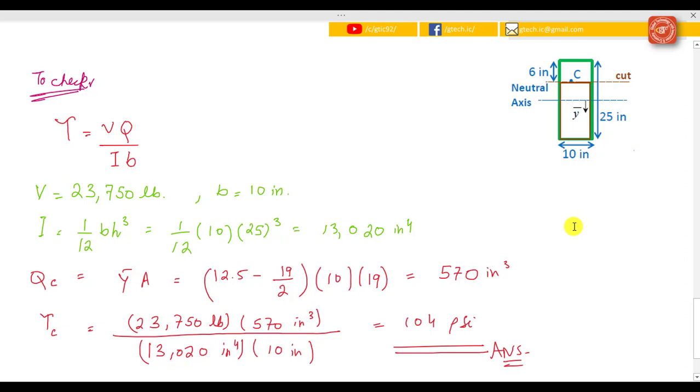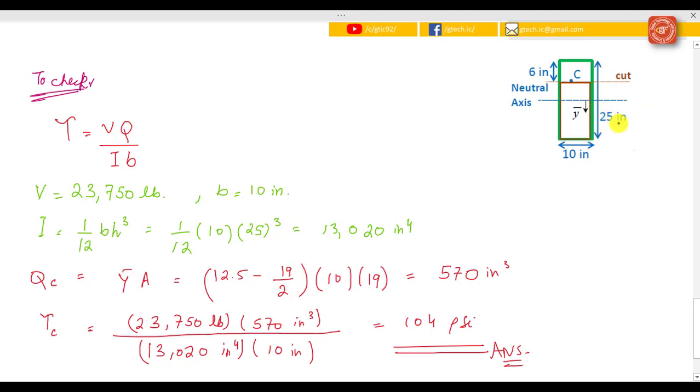Just to cross check, we can find Q at C using the bottom of the cut, as we covered this concept in our theory lecture. So for finding Q at C using the part below, rather than above the neutral axis, we know that the height of this side is 19. How did 19 come?